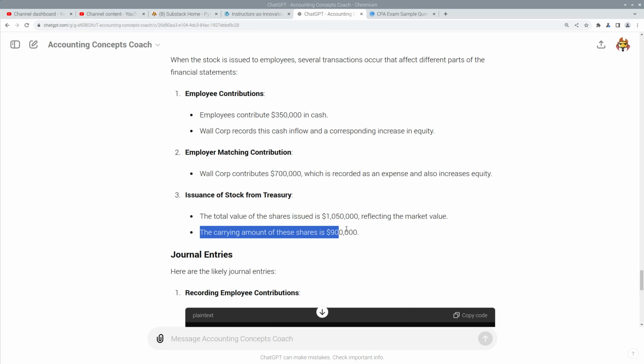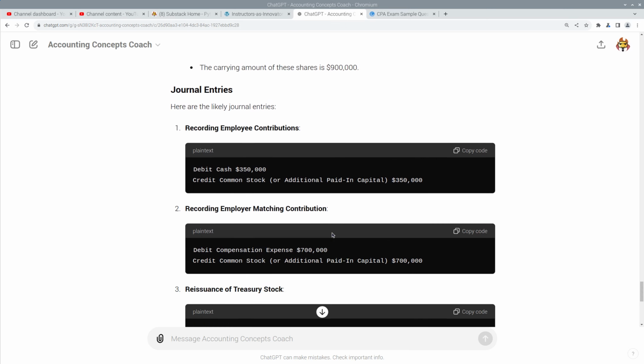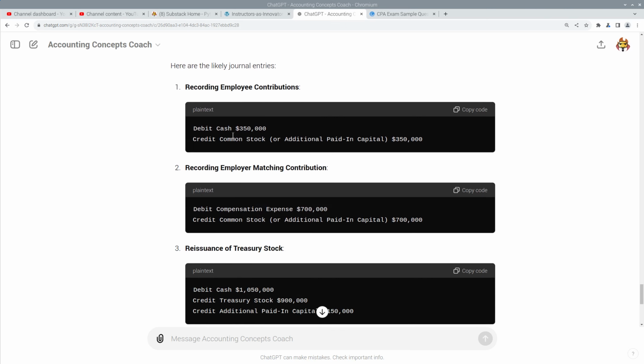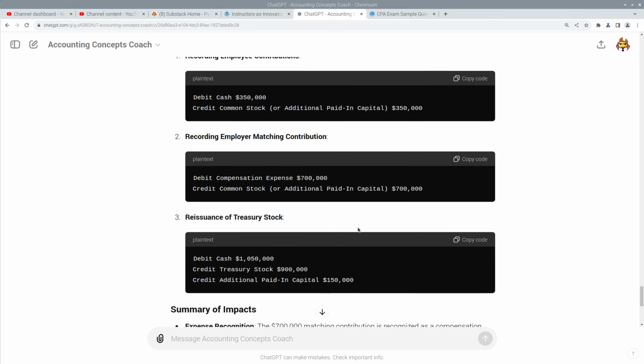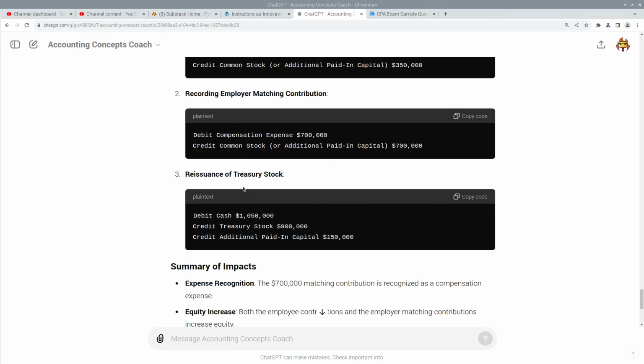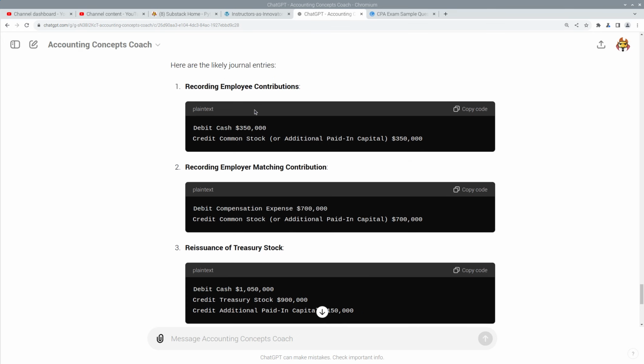The carrying amount is 900,000, and so you've got a journal entry here where you debit cash 350, credit common stock, debit comp expense 700K, credit common stock or additional paid in capital. So when you actually record the reissuance of treasury stock here, this actually would be debit cash. Oh, these are the expense side. Okay, debit cash.